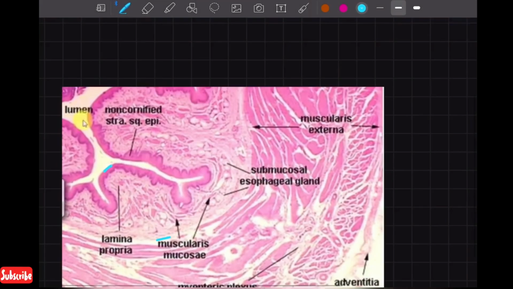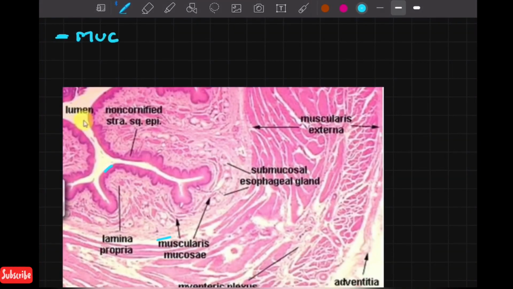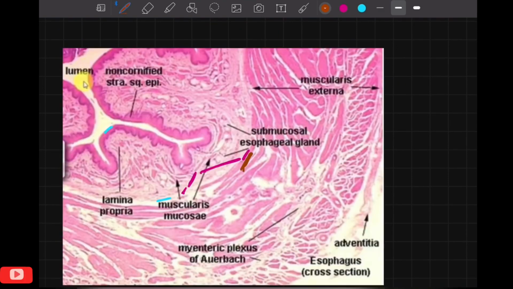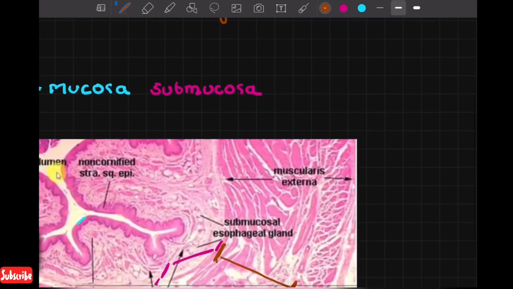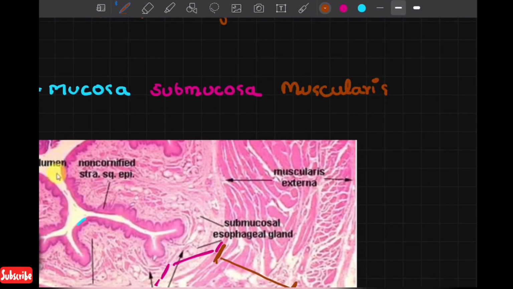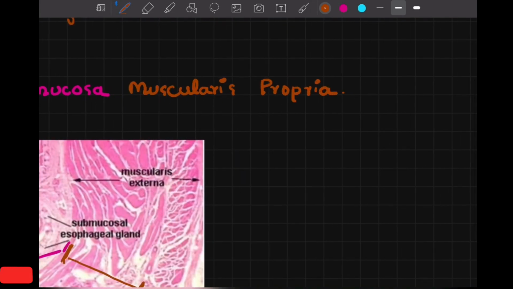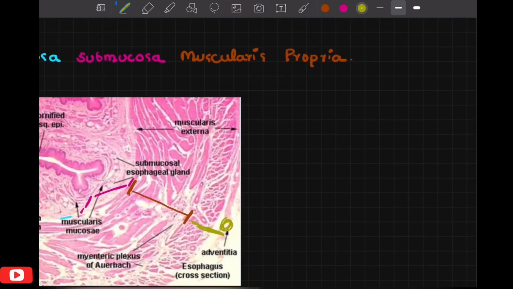Okay, now we'll talk about the histology of the esophagus. This is the cross section of the esophagus. From the inside, we have the mucosa, then we have the submucosa. Below the submucosa, we have the muscularis propria, and then we have the adventitia. The mucosa has four layers.